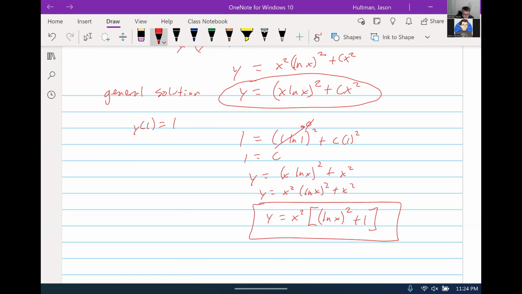Okay, and for both problems 2 and 3, you could take the derivative of these functions and then plug that back into my differential equation. You could check them. I'm not going to take the time to check them, but they do work if you were to check your answers. Okay, so that's 1.6, and I will see you in the next video.